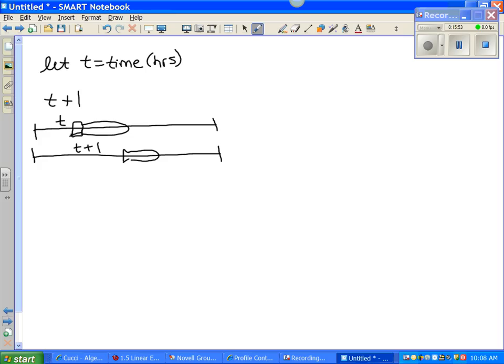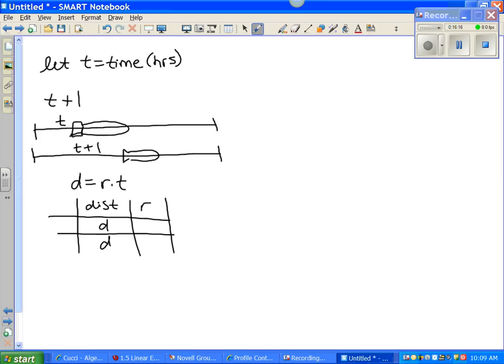Okay, so we're using distance equals rate times time. You can make a table, which we haven't done, so let's practice that. This is my distance, and we know that the distance is the same for both of them. This can be my rate. We know that the 737 is going at a rate of 531 miles per hour, and the 340B is going at a rate of 290.